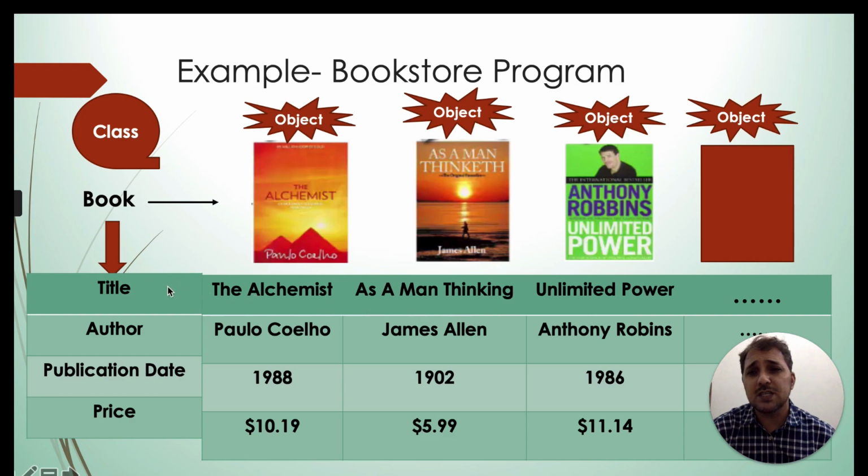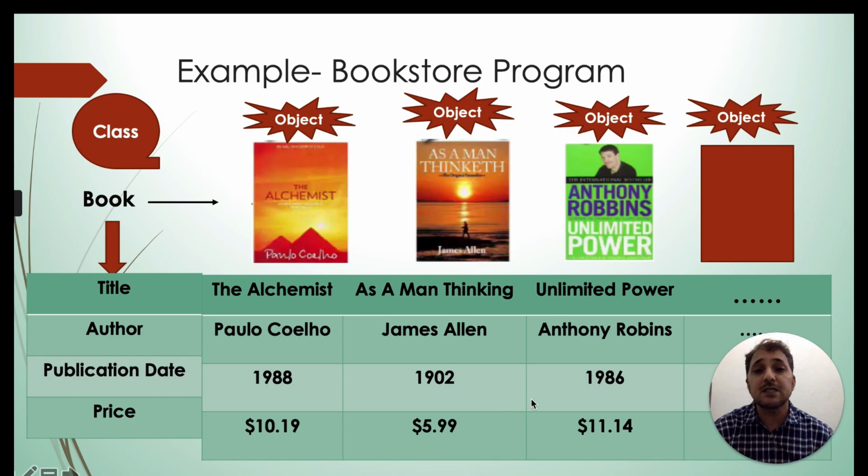Each book has these properties, so the general description is the class. It is quite general. But if you go to a particular object, then each object has a different value for each general property. For the title, each object has a different title. For the author, each object has a different author, and different publication date and different price.